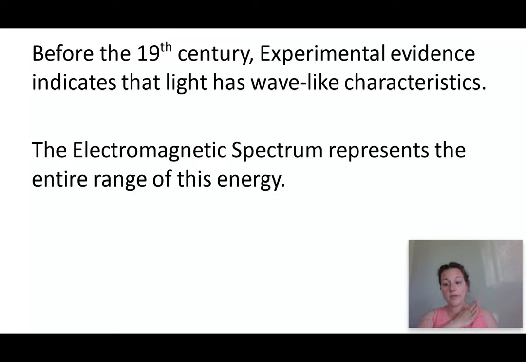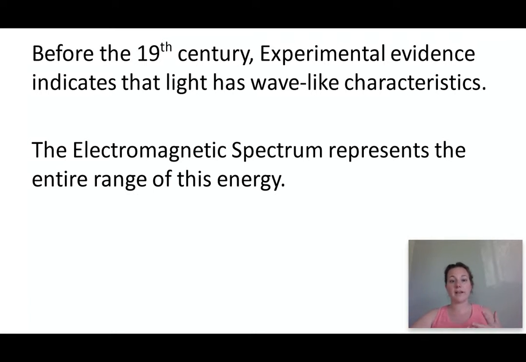So before we do that, though, I want to recap that before the 19th century, experimental evidence really indicated that light has wave-like characteristics, right? So light travels as a wave like this.